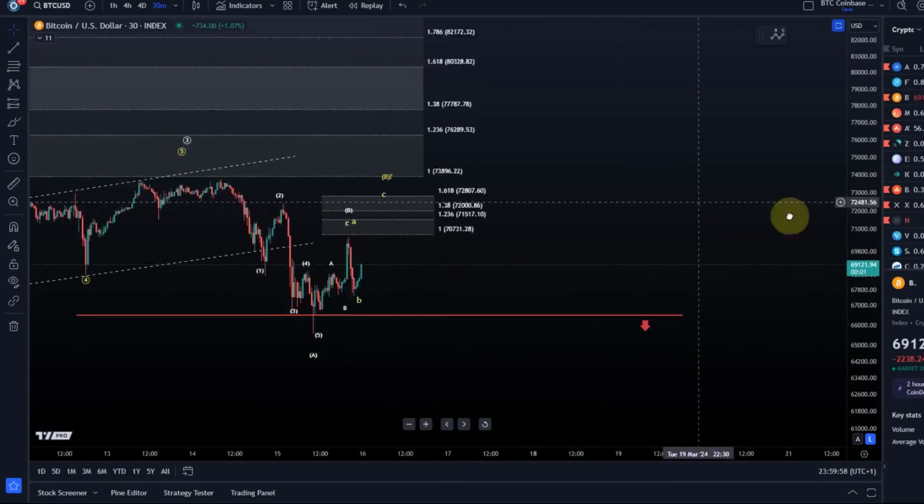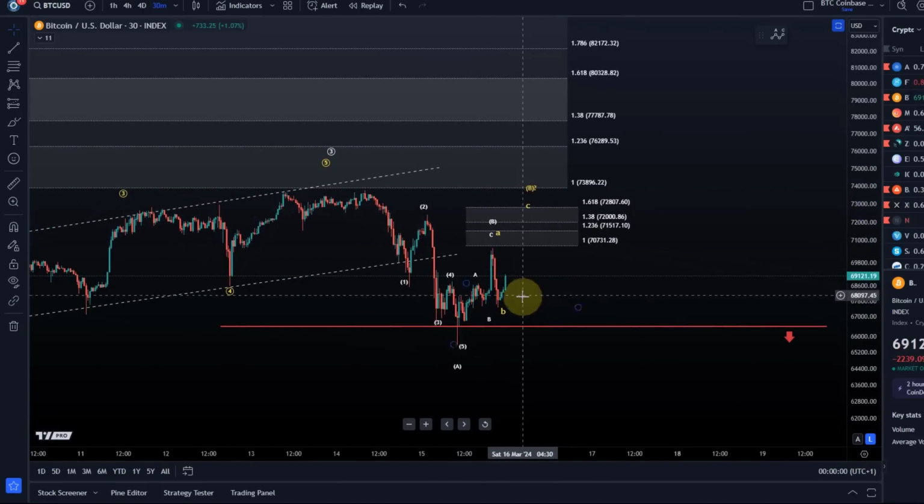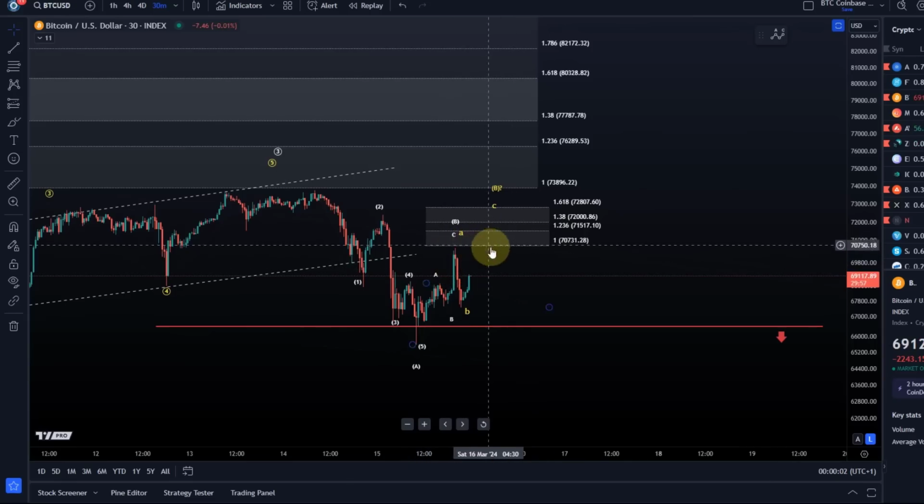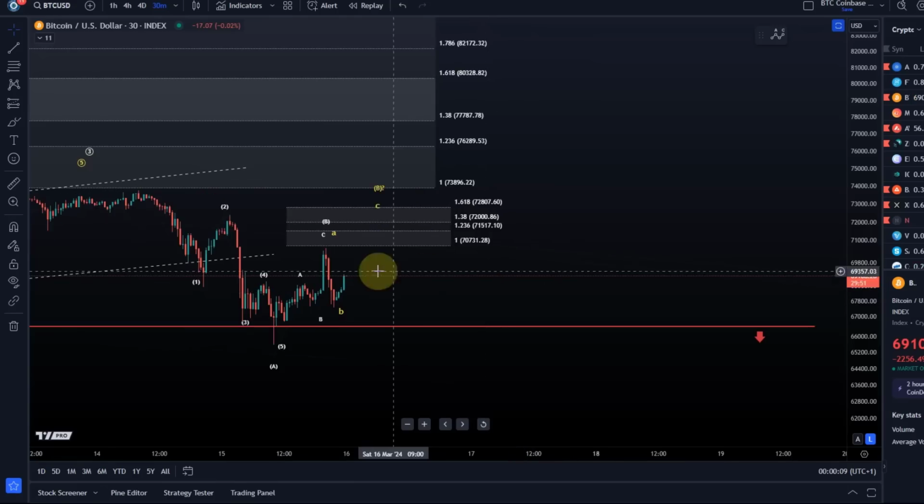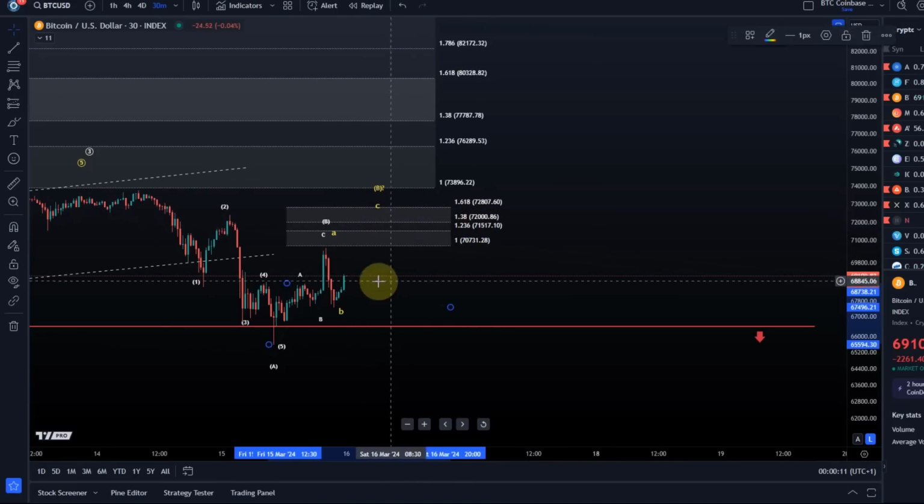So at the moment, I think we are working on an extended B wave, but it would only be confirmed with a break above the high that was formed here at 70,584. Where would the target be?